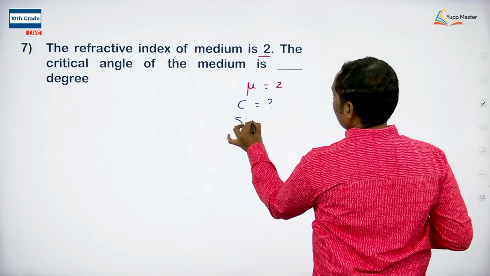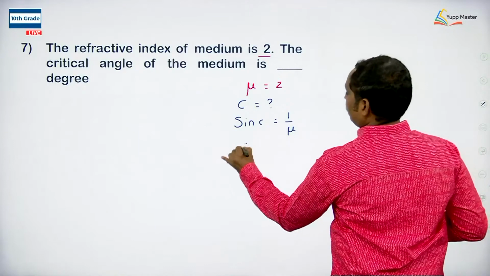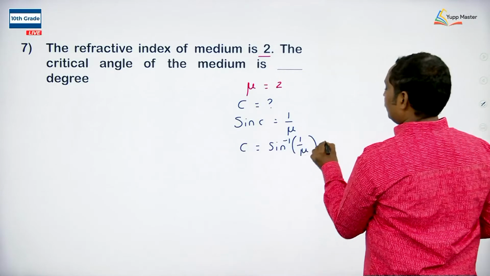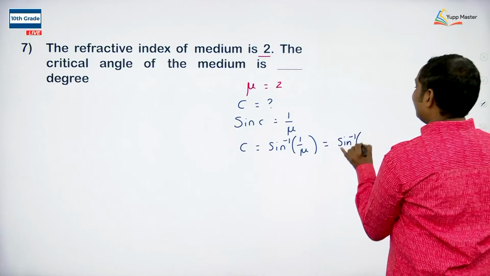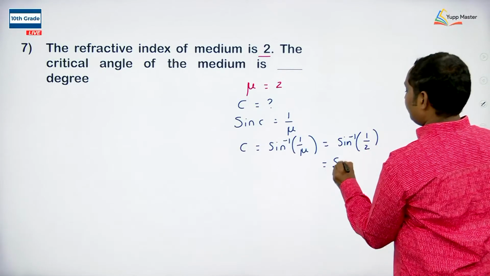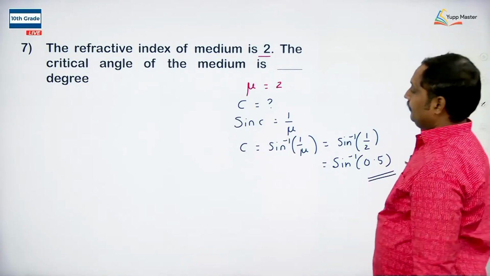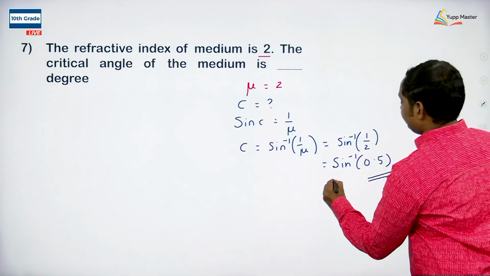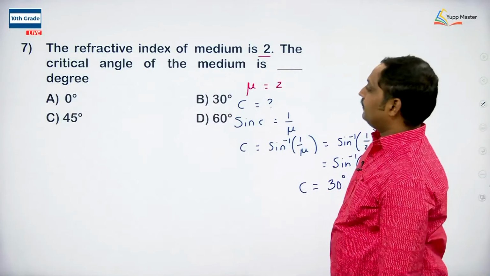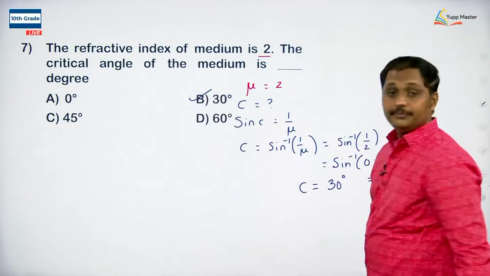Simply sin C is equal to 1 by mu, C is equal to sin inverse 1 by mu, that is sin inverse 1 by 2, sin inverse 0.5. So, it is going to be 30 degrees. Please have a look, 0 degrees, 30 degrees, 45 and 60. So, this is the correct option, please take that.